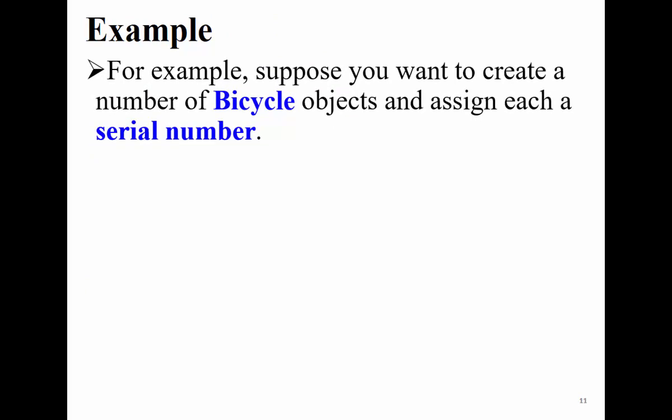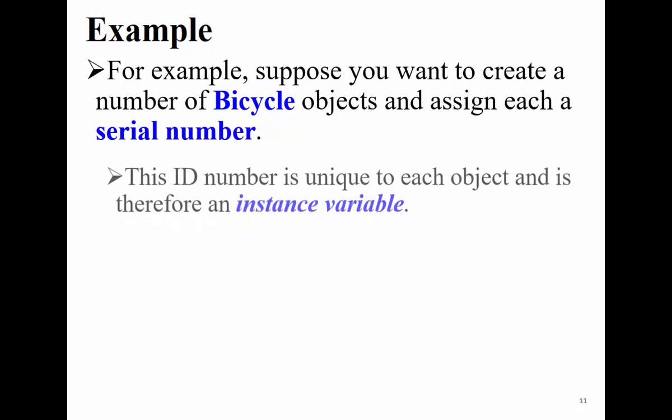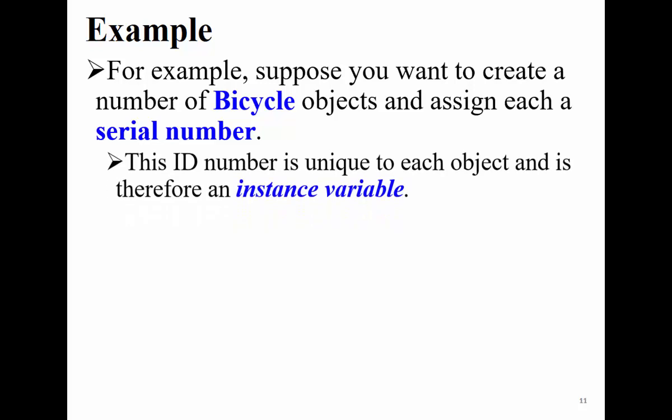Example, let's say you have a manufacturer that is producing bicycles, and this manufacturer would like to keep track of the number of bicycles produced by the factory. So it's a good idea to have a static field for that, and also we can use this static field to give an ID, a unique number, to each bicycle we created. So we have a common static field, the number of bicycles created by this factory, and also we have instance variables, as we call them, because each object has its own, like a GPA for each student has his own GPA.